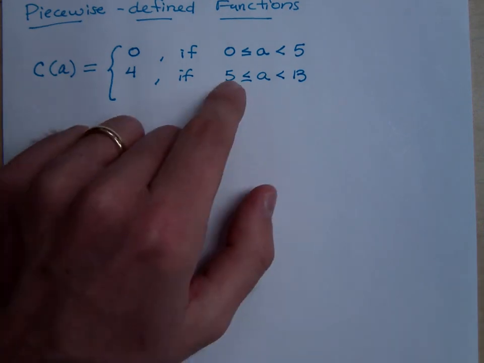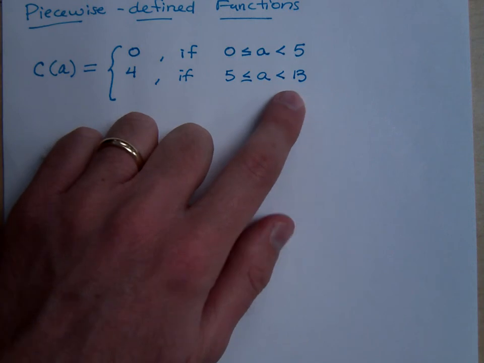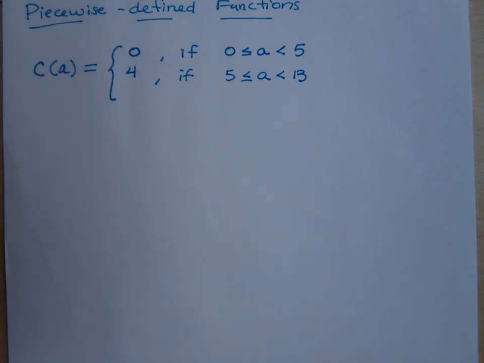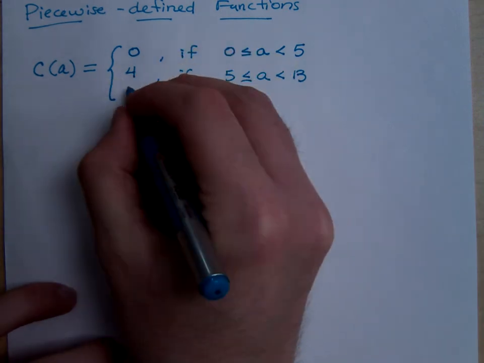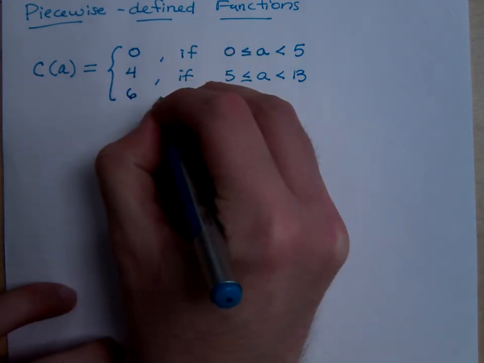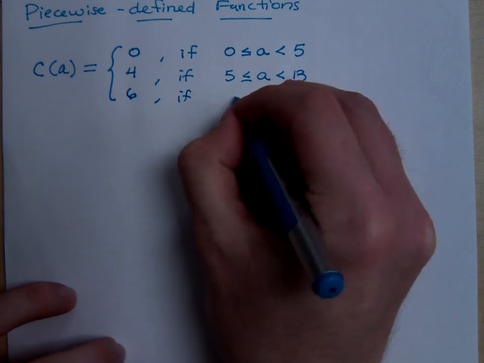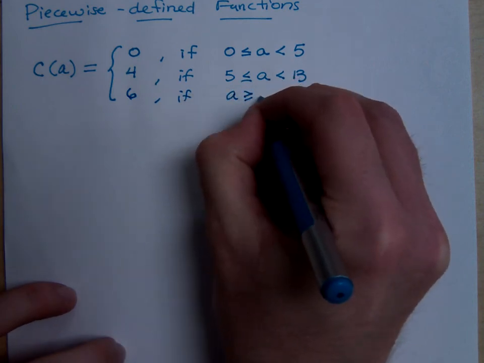So once your kid turns 5 and before they become a teenager, it's going to be $4. Drinks are always extra, and it doesn't matter because the kids are only going to drink water. And then after that, it goes up to something like $6, if the age is greater than or equal to 13.